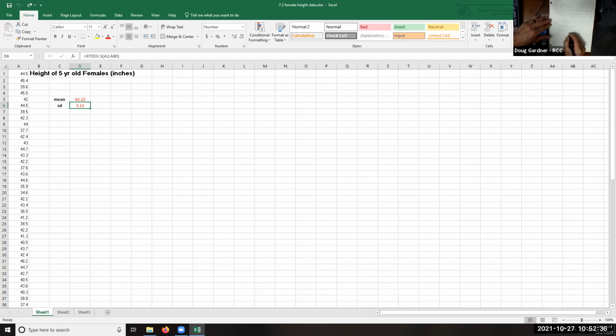In the normal distribution, if that's the most likely event, that the 5-year-old is 42.22 inches tall, that's going to be the number around which all the children crowd, right? They're all going to be a hair taller than that, right around there. And so this is the same graph we looked at the other day. It's just not centered at 0 anymore. Everything on 7.1 was always centered at 0 because the mean was 0. Well, now this is going to be centered at 42.22.